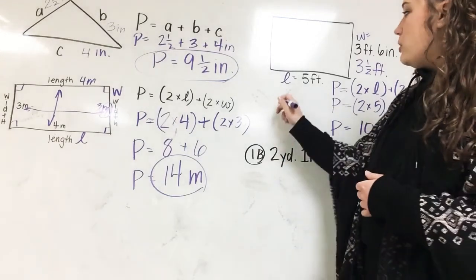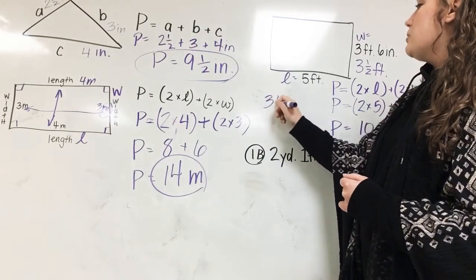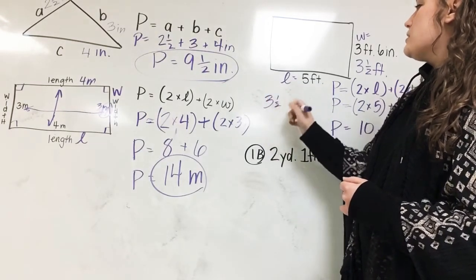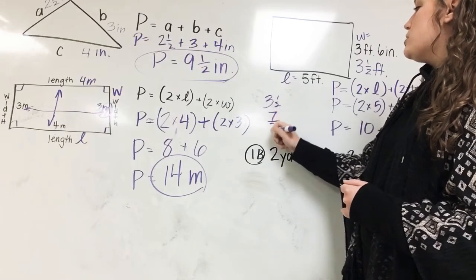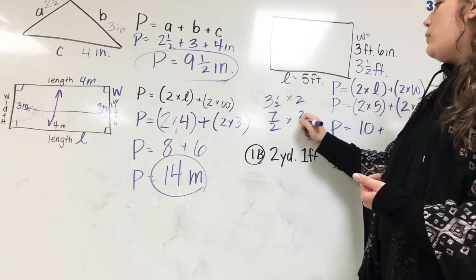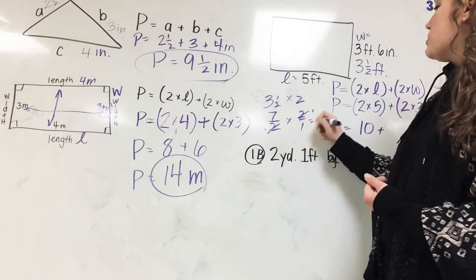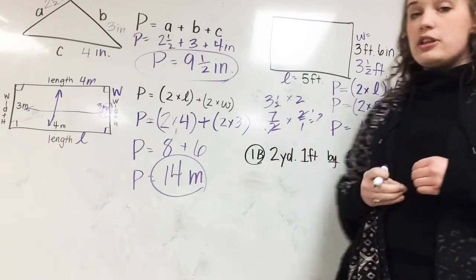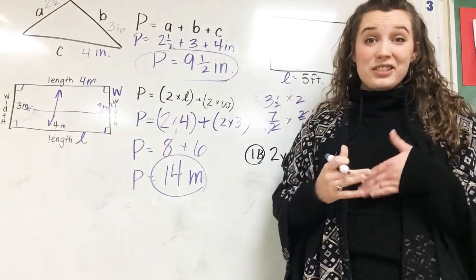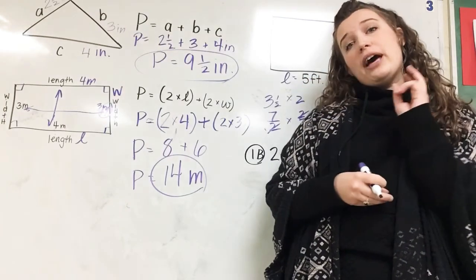Now you can either do your whole, if we make 3 1/2 into an improper fraction, that would be 7 over 2 times 2, which would be 2 over 1. We can cancel those out. Our number is going to be 7. Okay, so you can do that. Or you can think about it, the halves are really easy to just think about and do in your head if you're not so sure already, because 2 halves equals a whole.